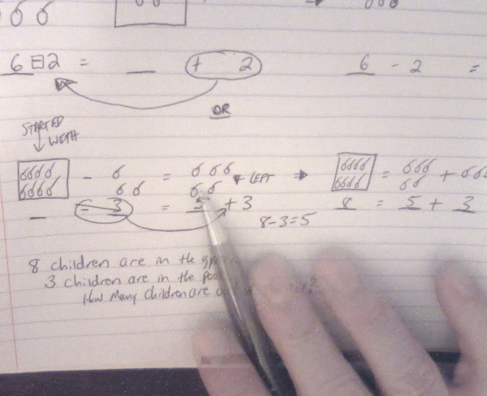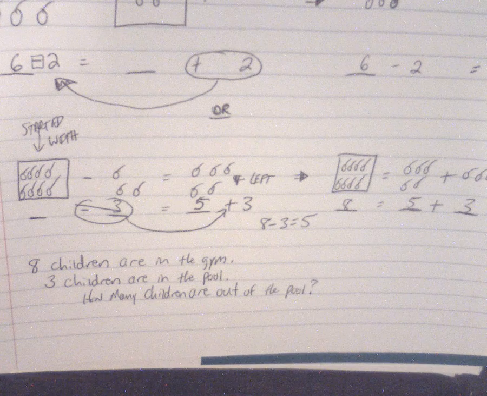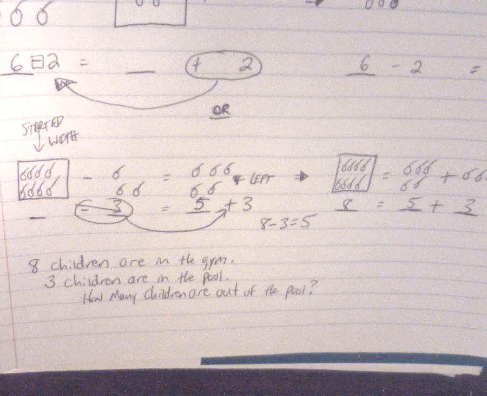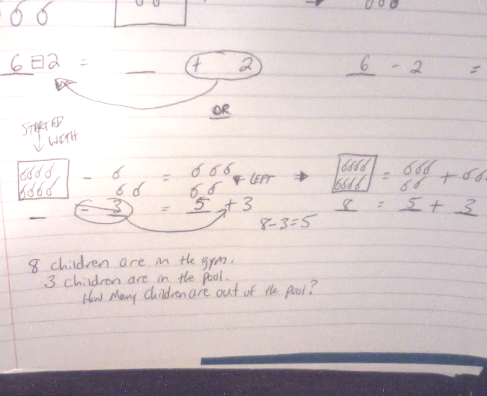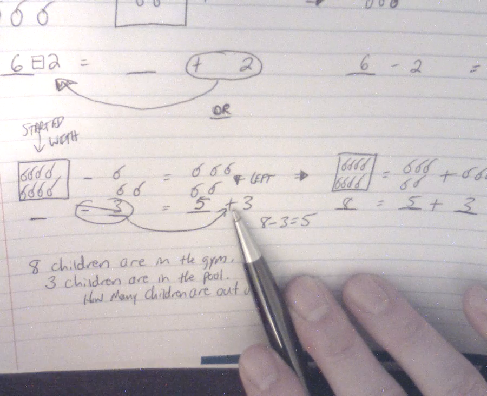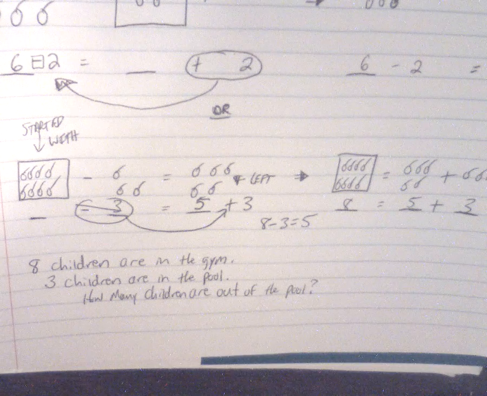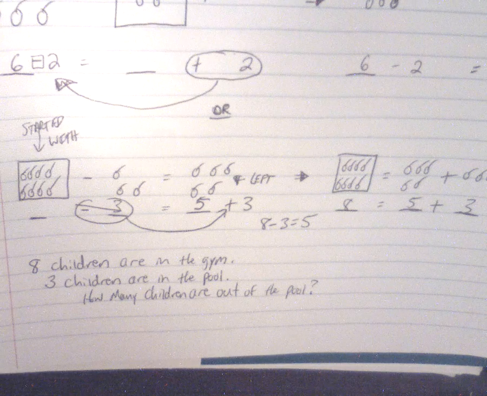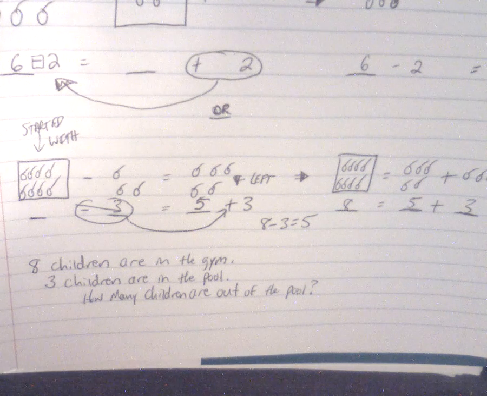I get 5. Okay? So that's all we're doing. All we're doing is we're just moving that number across the equal sign to find out my answer. Okay, so we're just balancing or making the equation the same.